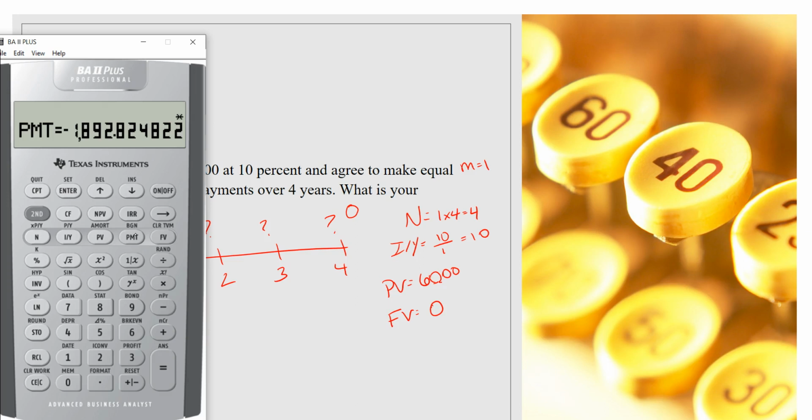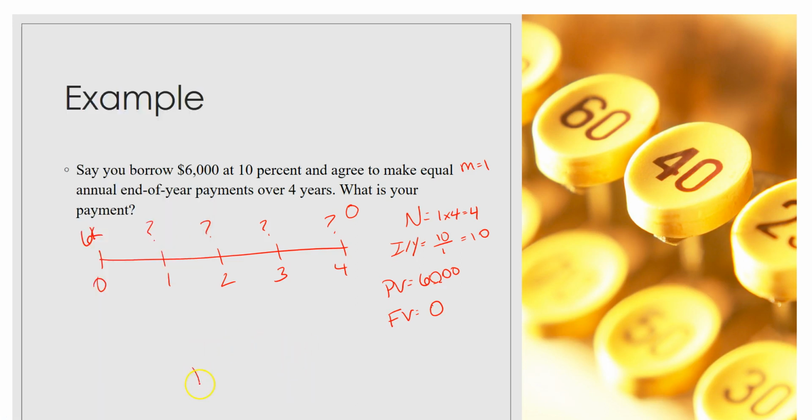The negative makes sense because to us that is going to be a cash outflow. We are going to have to pay this every year. So that's our annual obligation for this loan.